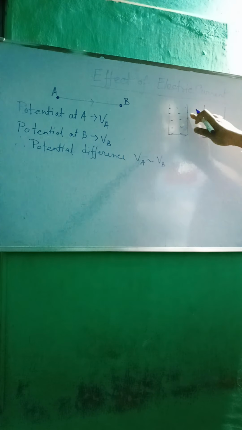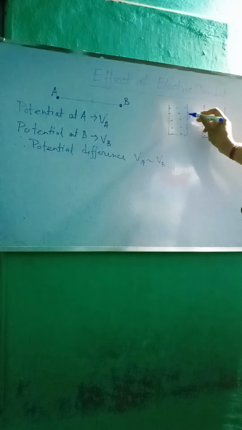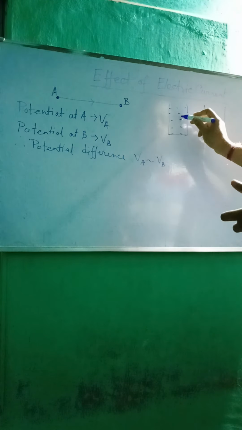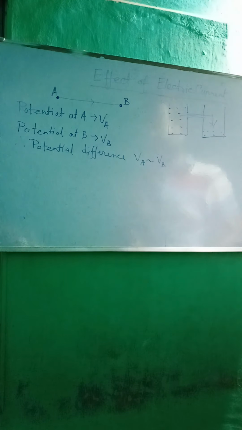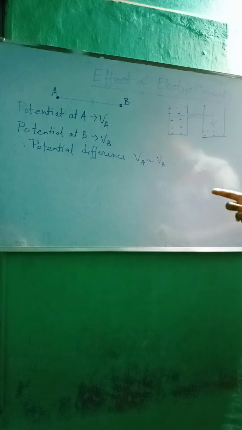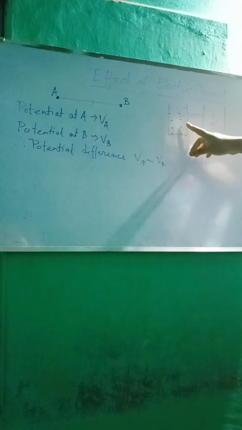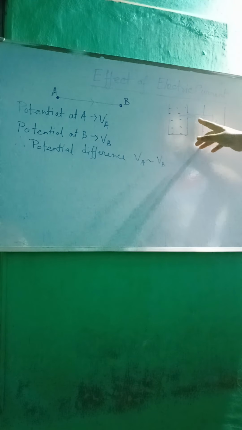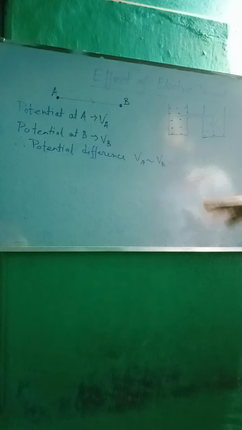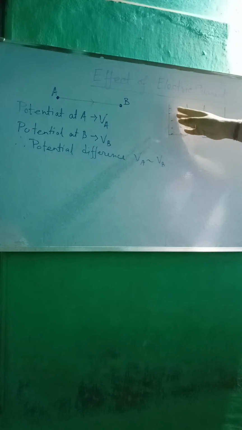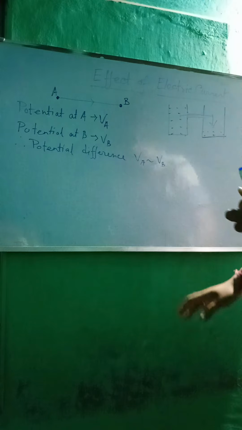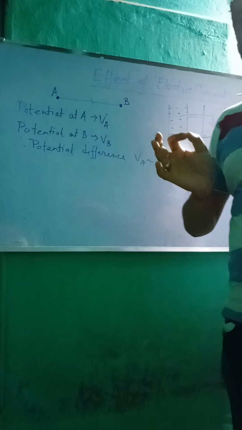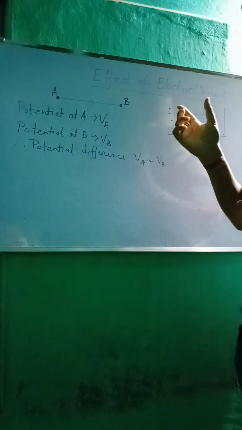If you connect these two containers through a pipe, then water starts to flow from the high water level to the low water level. So the water is flowing due to the difference of water level between these two containers.